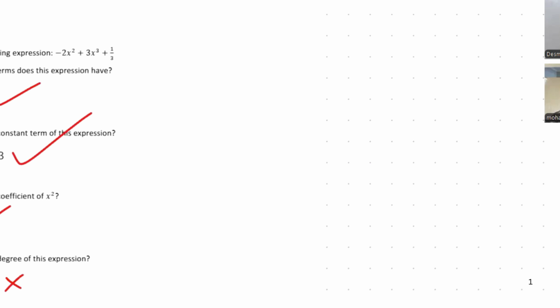That's how you got your 5, but that's not what they want. They just say, what is the degree? That's how they're going to ask the question. The degree of this expression refers to the leading degree, basically the highest exponent of all these terms. So when we check the highest exponent between 2 and 3, which one is the highest?